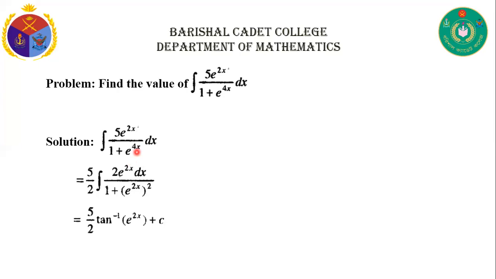So we don't have e to the power 4x in the numerator. So we have to choose e to the power 2x as z, and we can write e to the power 4x as e to the power 2x whole square.